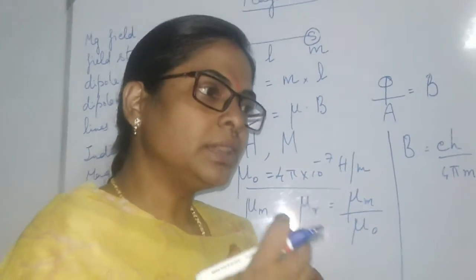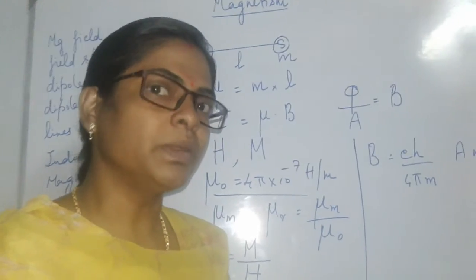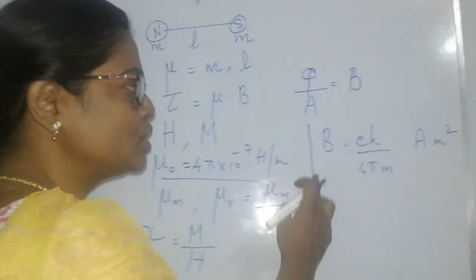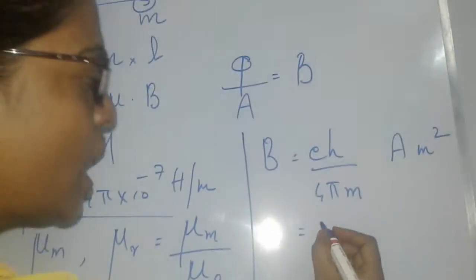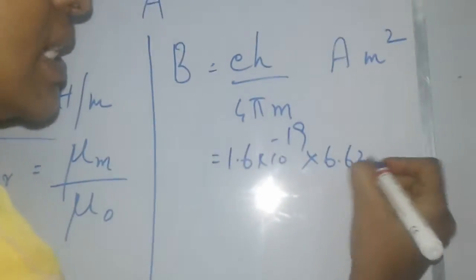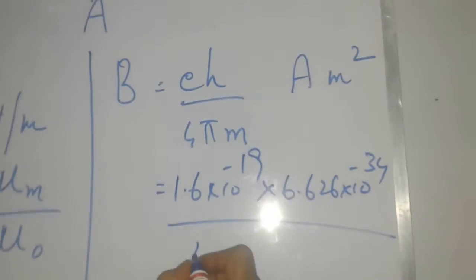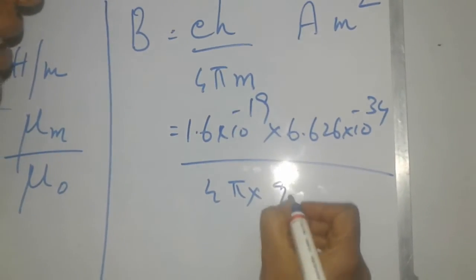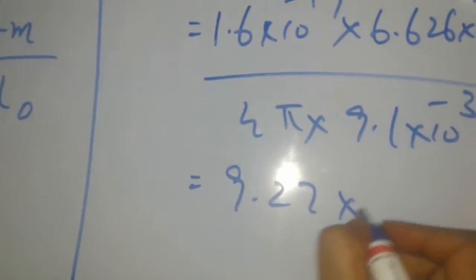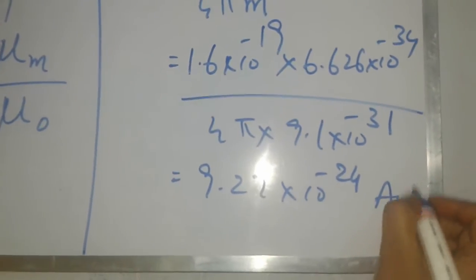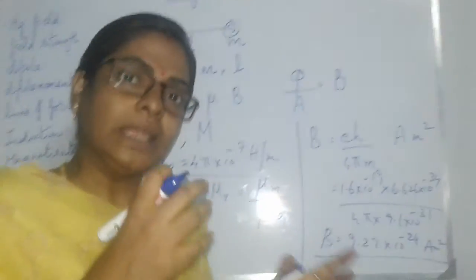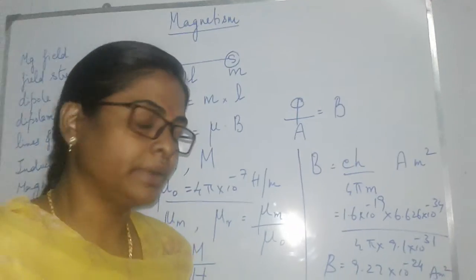Putting together, they have a magnetic moment. Here e is the charge of an electron, 1.6 into 10 to the power minus 19, and h is Planck's constant, 6.6266 into 10 to the power minus 34, by 4 pi into the mass of the electron, 9.1 into 10 to the power minus 31, and the Bohr magneton is 9.27 into 10 to the power minus 24 ampere meter square. This is the measure of the magnetic moment happening in an atom, in atomic order.